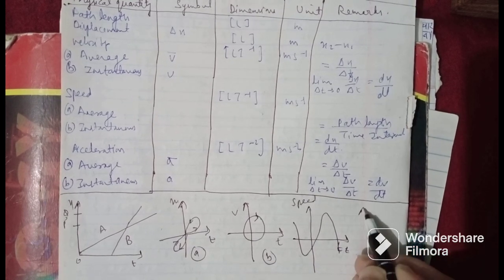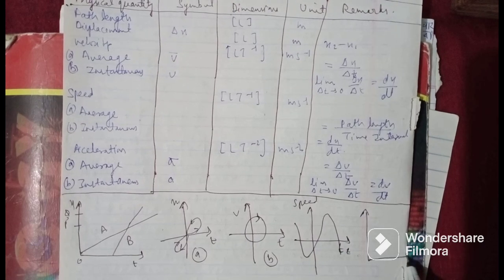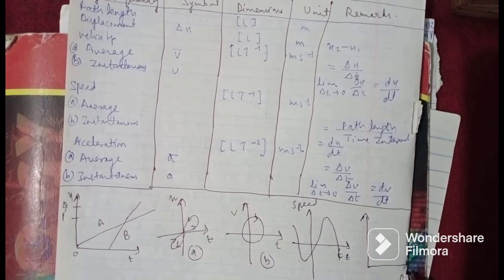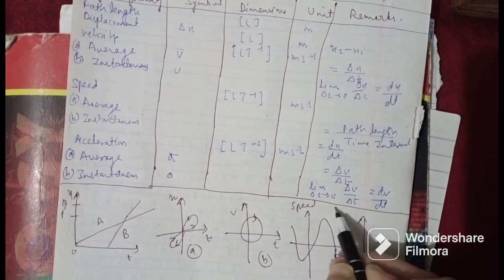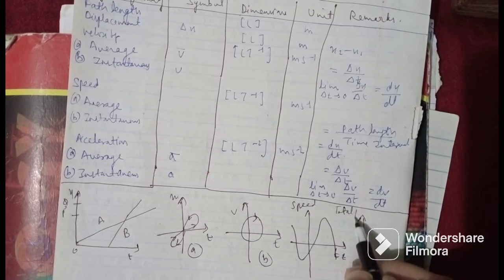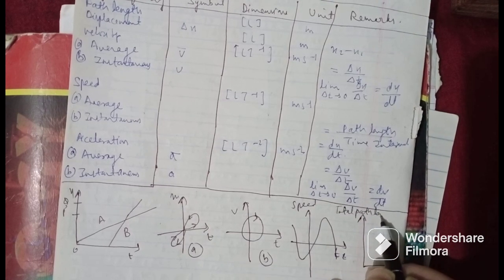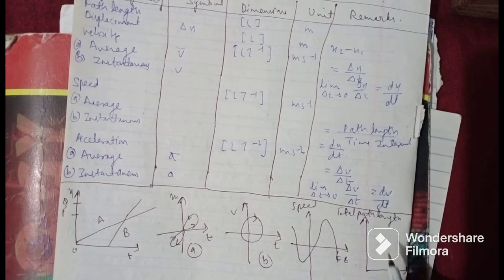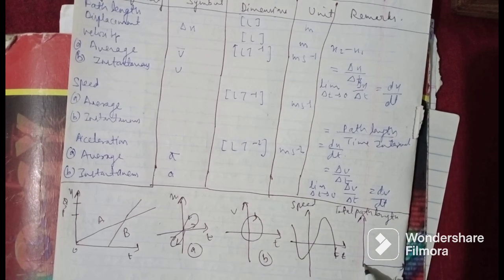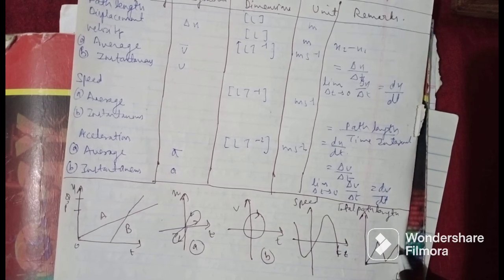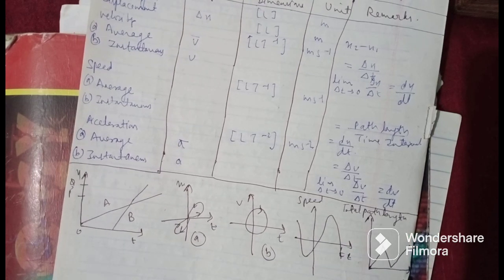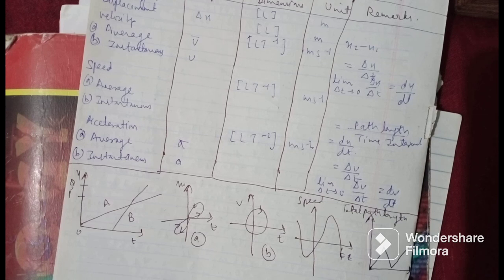And then we have the total path length with respect to time. So these were all that we have to go for.